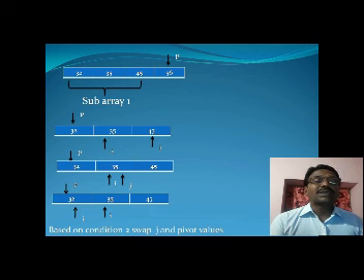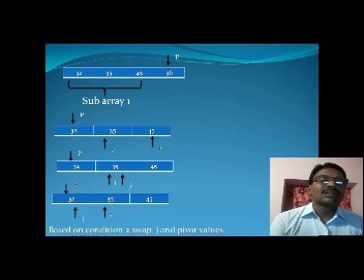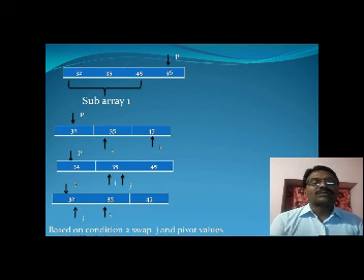Now J is representing 35, which is also a greater value than the pivot element. Now again decrease J. J at position is representing 32.